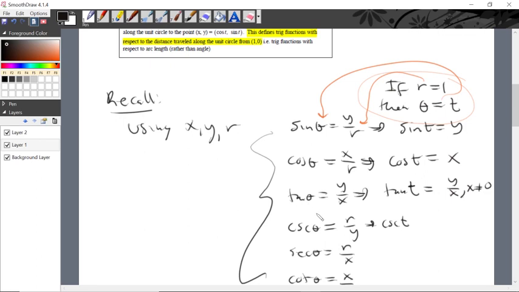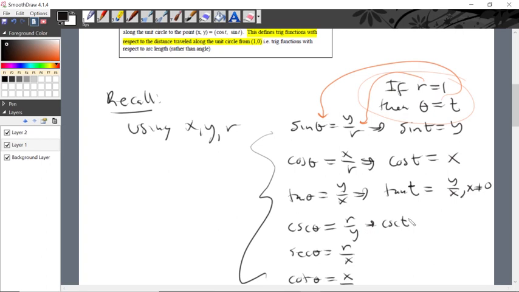The answer is yes, as long as we consider where the angle and the distance are equal to each other in measure, which would be under the assumption that the angle would have been in radians. Then we can define the trigonometric functions in terms of the distance the object traveled along a circle with radius 1 unit.